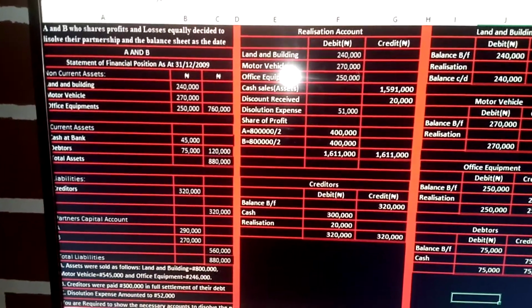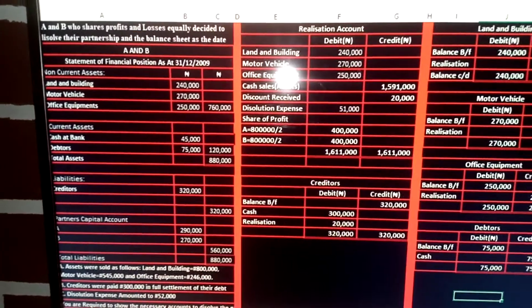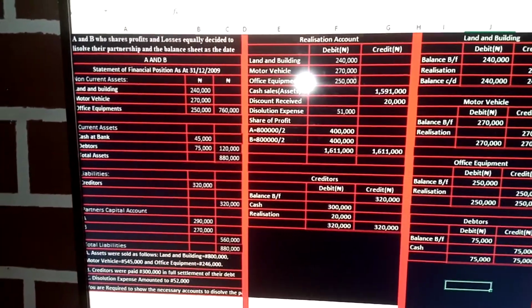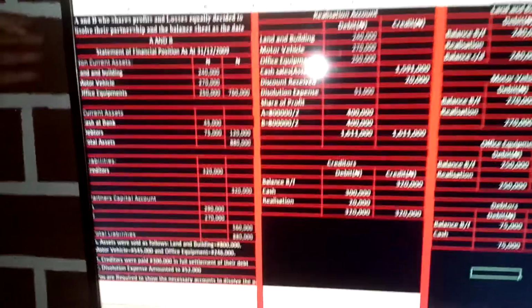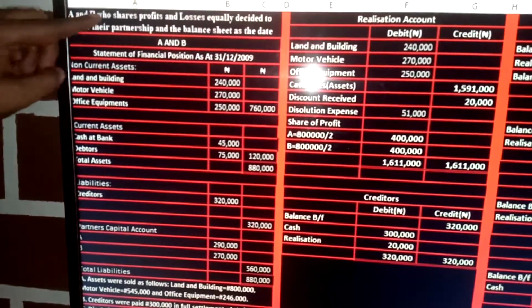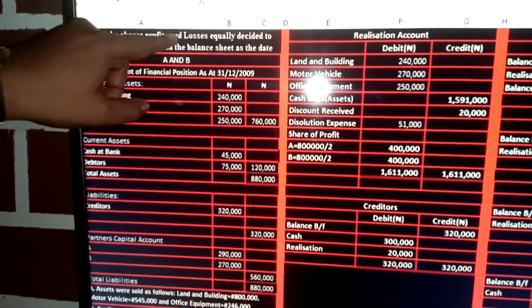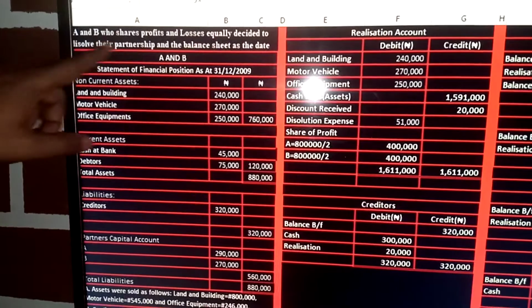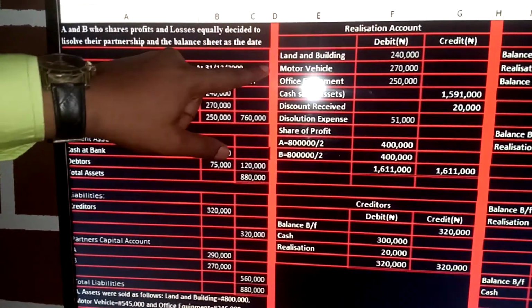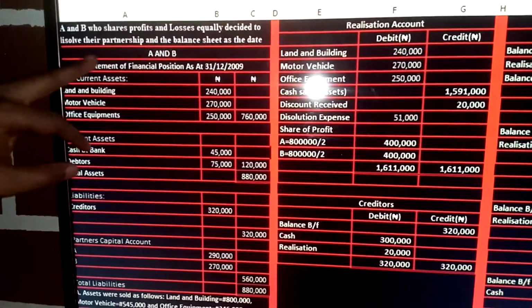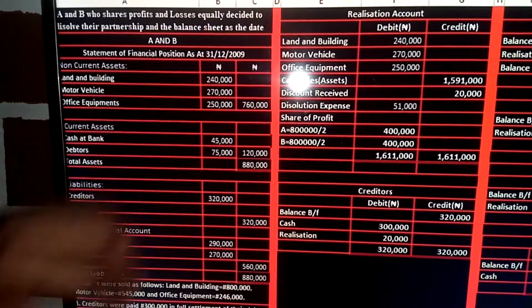So here is an illustration dissolving a particular partnership business. We have A and B, who share profits and losses equally, and decide to dissolve their partnership, and the balance sheet as at that date. We have the statement of financial position as at 31st December 2019. This is their balance sheet.